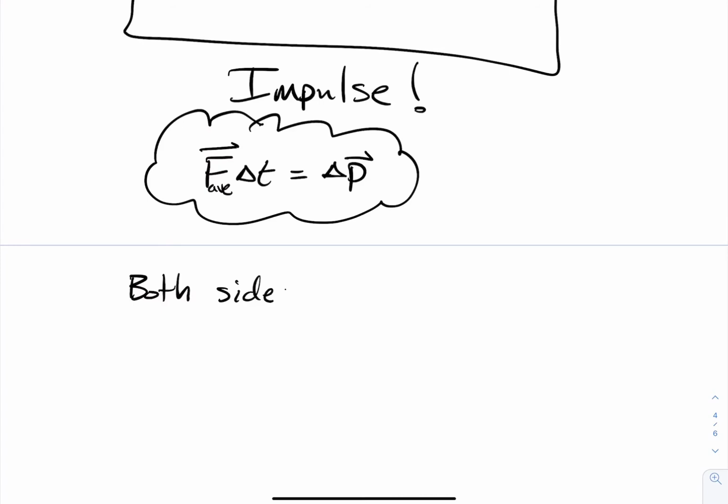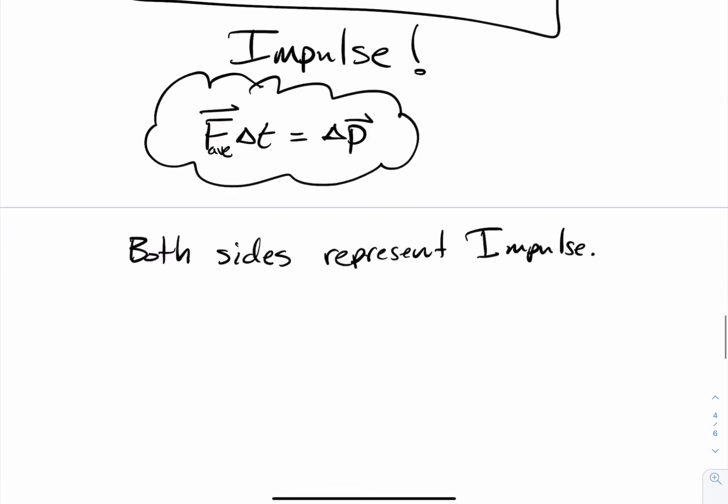So both sides represent impulse. Impulse is another quantity that we analyze when we're dealing with collisions. And this actually has a lot of real-world applications.